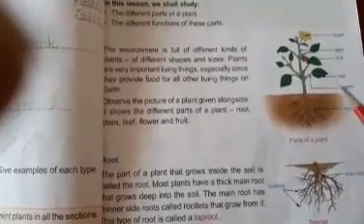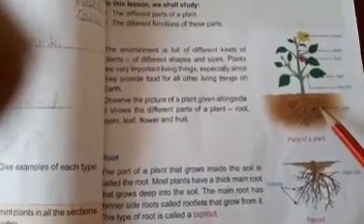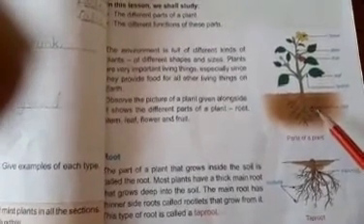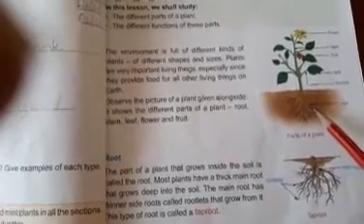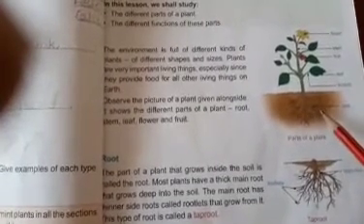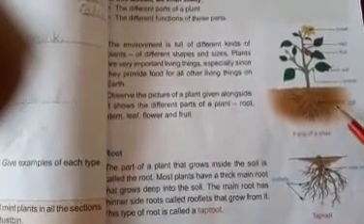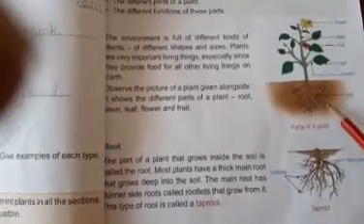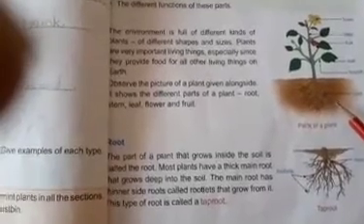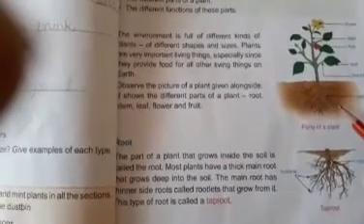The environment is full of different kinds of plants of different shapes and sizes. Plants are very important for living things, especially since they provide food for all living things and other things such as shelter and fresh air.